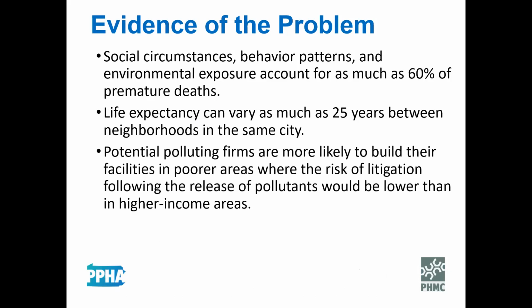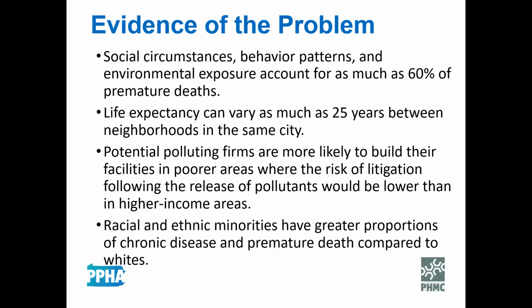Potential polluting firms are more likely to build their facilities in poorer areas where the risk of litigation following the release of pollutants would be lower than in higher income areas. Racial and ethnic minorities have greater proportions of chronic disease and premature death compared to whites.